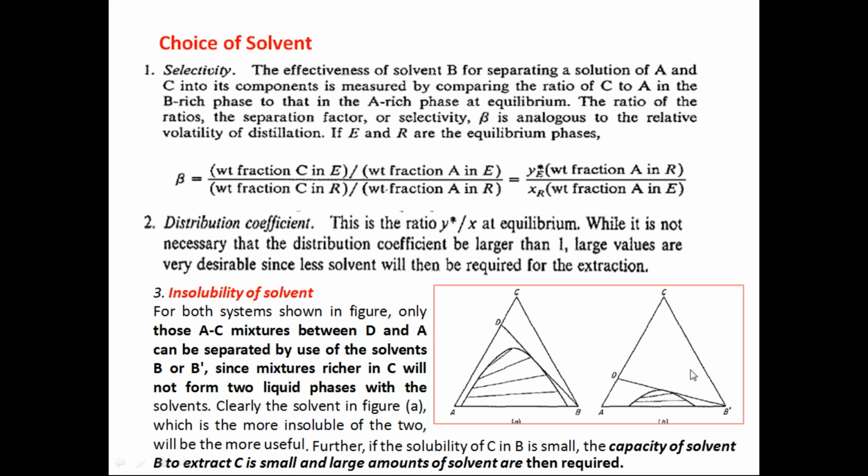Insolubility is useful because this gives the more homogeneous zone. Even though the solvent consumed is less in the other case, we'll go for this one. So that is how insolubility of the solvent will affect the liquid extraction. So while you are choosing the solvent, this type of binodal curve is more preferred.